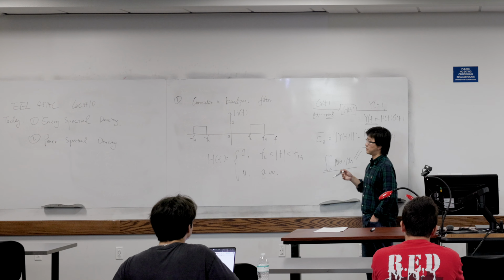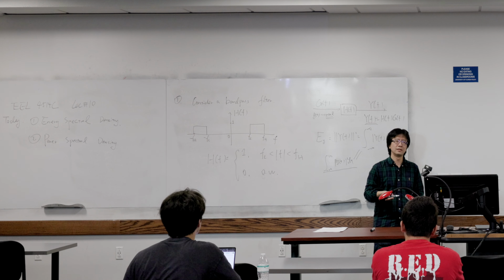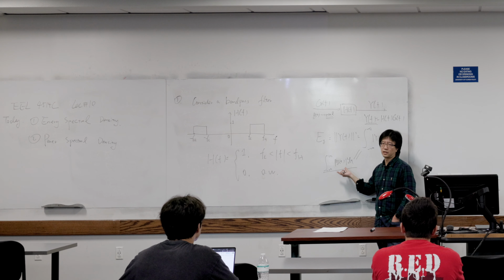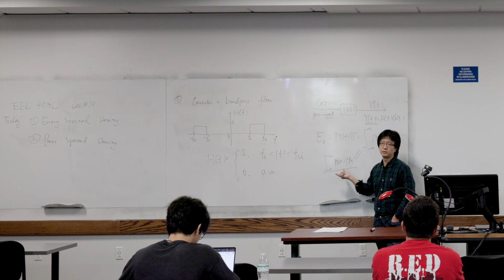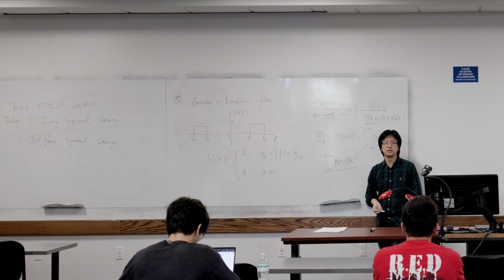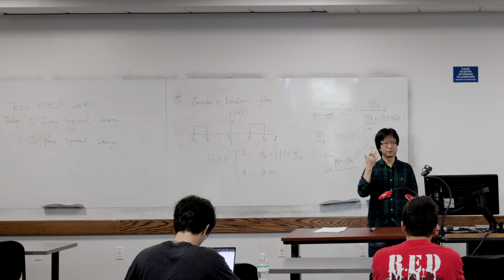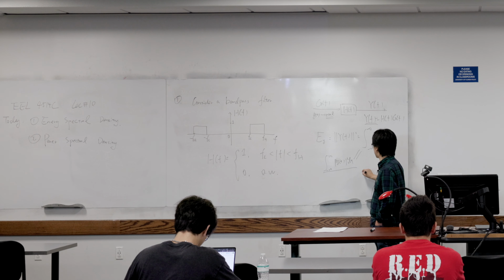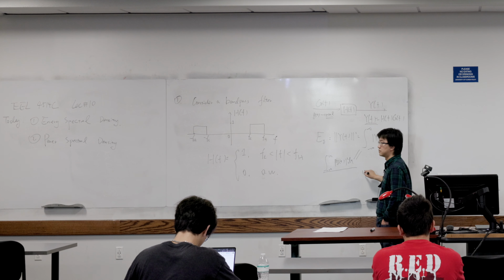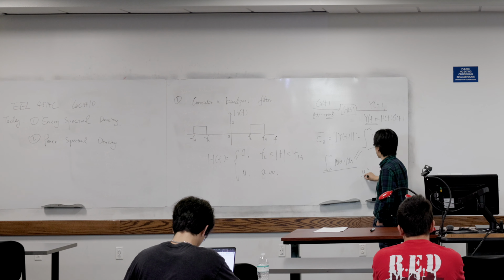So what I'm going to say is that this could be an abstraction of energy. In practice, how do you compute the energy? If my physics works, it should be the volts squared divided by R, and then you do an integral of it over t. That will be our energy.